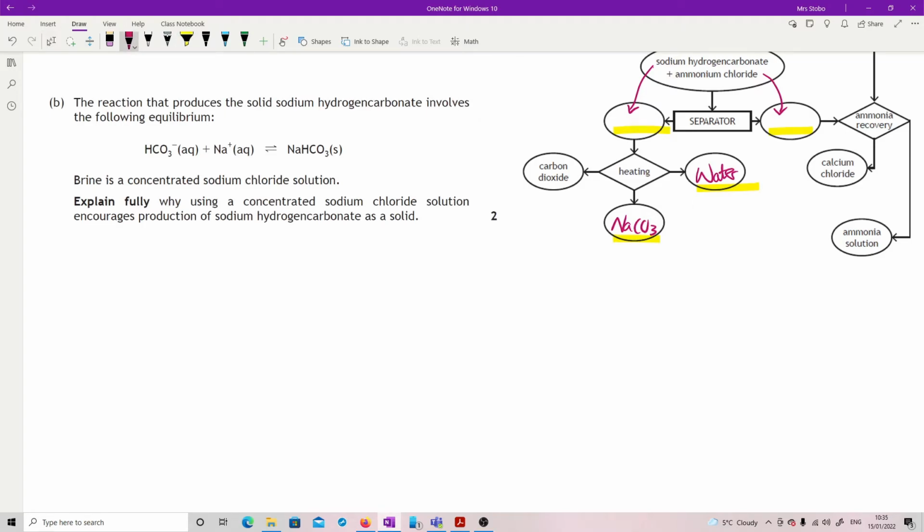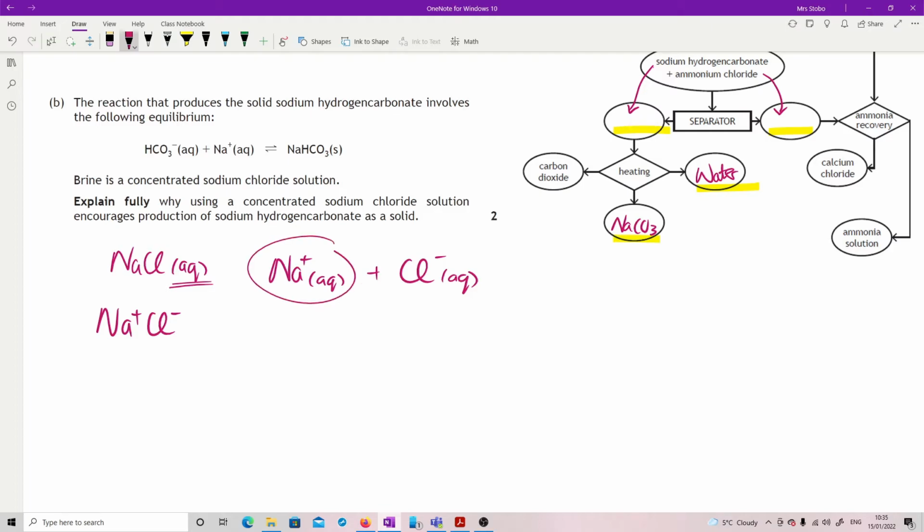Right, so what you need to recognise here is that if they're saying brine is a concentrated sodium chloride solution, so that means we have this. Now sodium chloride is actually that, and if I put it into water and dissolve it, what I've actually got is an awful lot of free sodium ions and chloride ions surrounded by your water molecules, but essentially and importantly I have this, which is the same as this in the equilibrium.